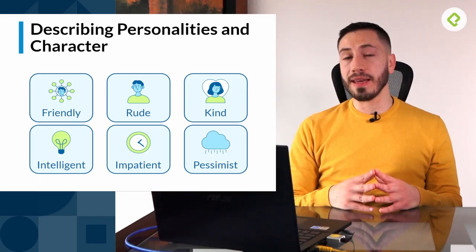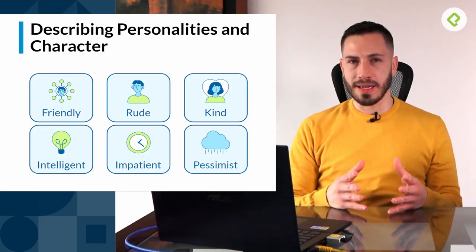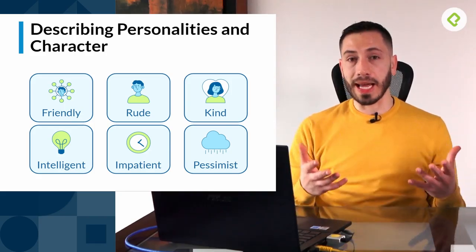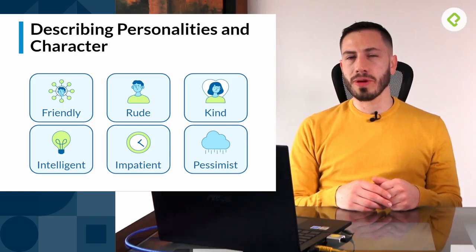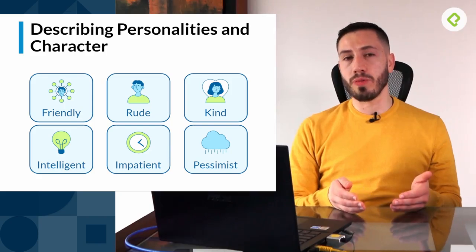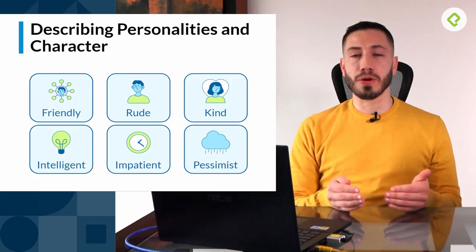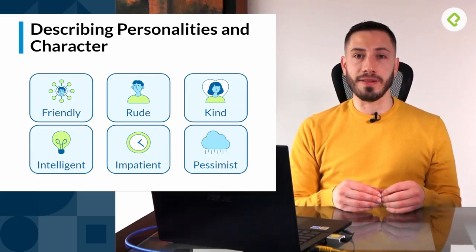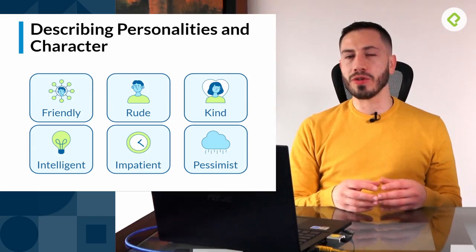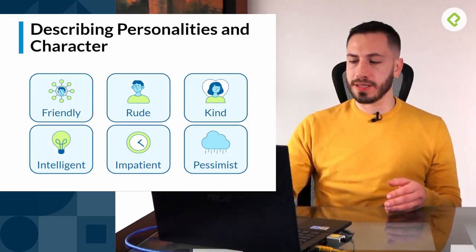Or someone can be intelligent when they have many ideas and they can also apply their ideas. Someone can be impatient, people that can't wait. Or pessimistic, which would be people that don't see the positive and the beautiful things in life. Let's see how we can use these words in a real context.